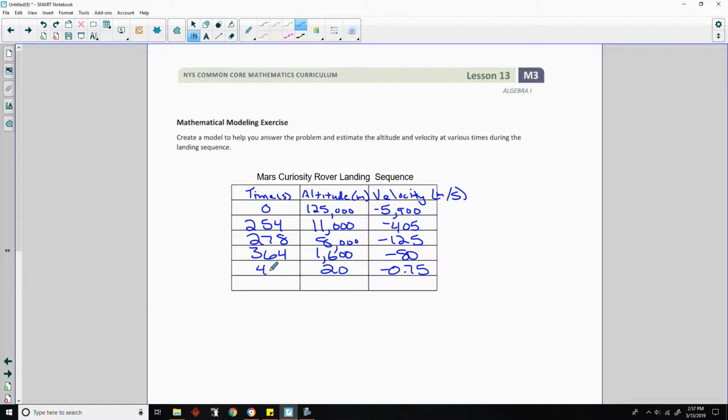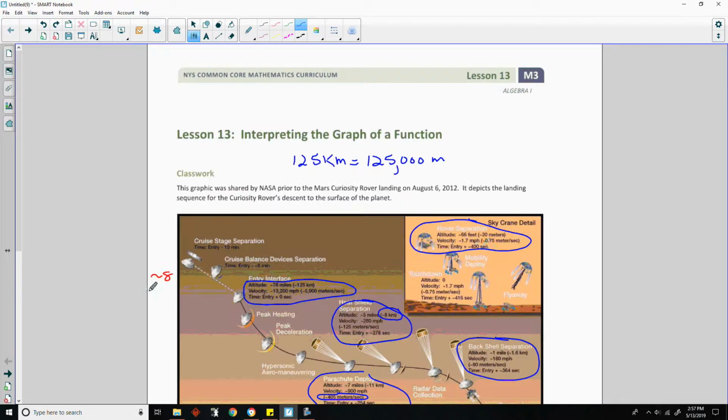Okay, let me just check my numbers. 400 seconds, 0.75 meters per second, and 20 meters.